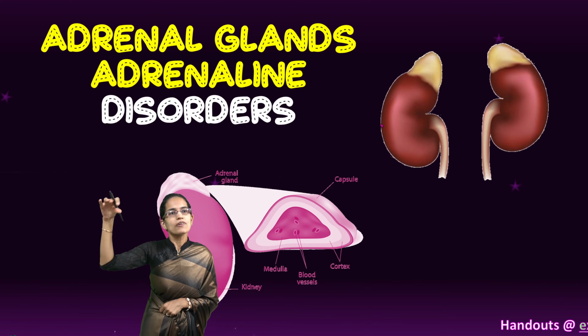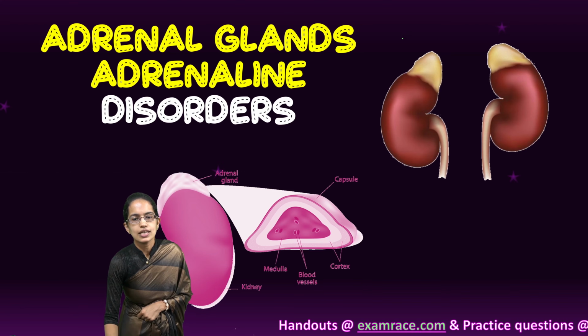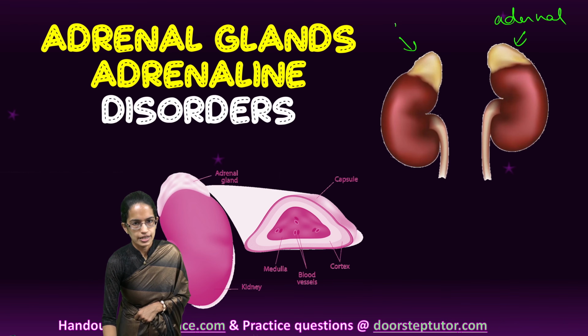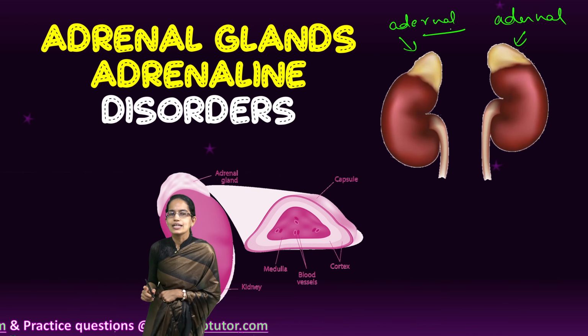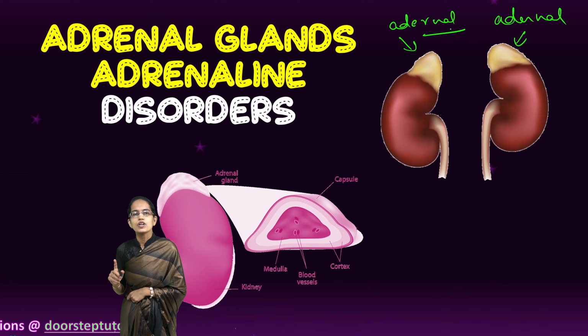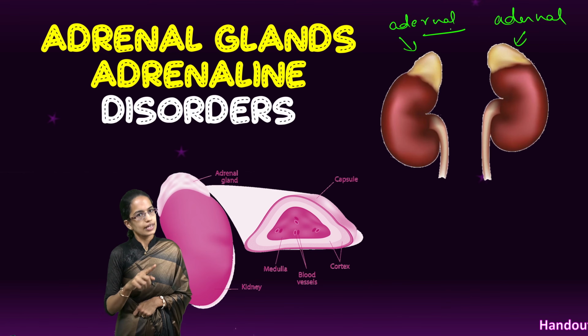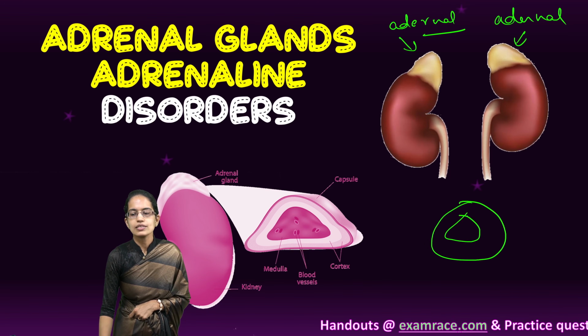So on the top of the kidneys we have two small caps, and this cap-like structure is the adrenal gland. The adrenal glands are in a pair, one on the top of each kidney, and each adrenal gland is further divided into two sections, outer and inner. The inner is dark red in color and the outer is less dark.